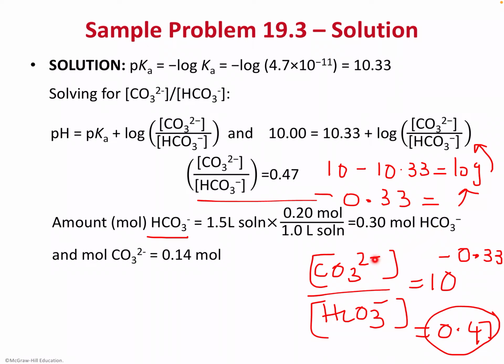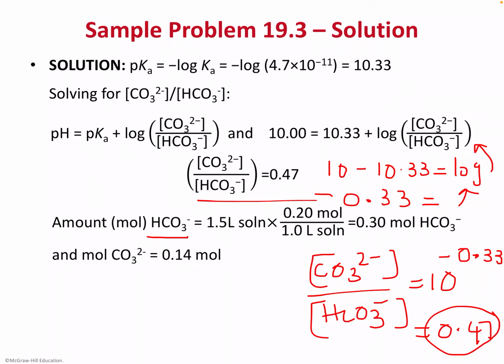And so these two are molarity ratios. Okay, the square brackets indicate molarity. The molarity ratio is similar to the molar ratio, the number of moles. So 0.3 moles of hydrogen carbonate.